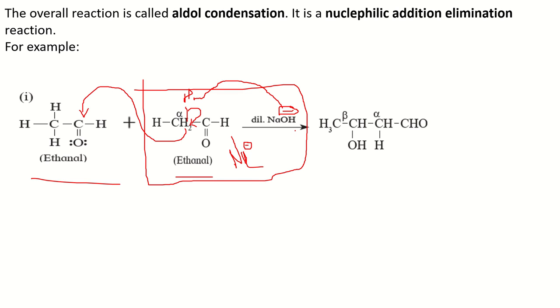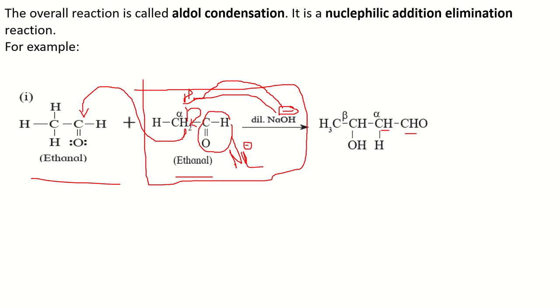Listen here. This CHO is as it is. This part is as it is. There is no change. Then CH: one hydrogen is abstracted by the OH, hence here CH. One CH and this one CH, hence there are two CH, two hydrogens.